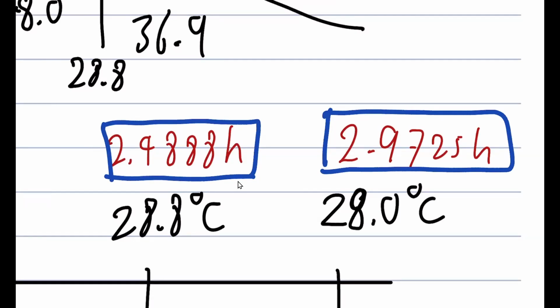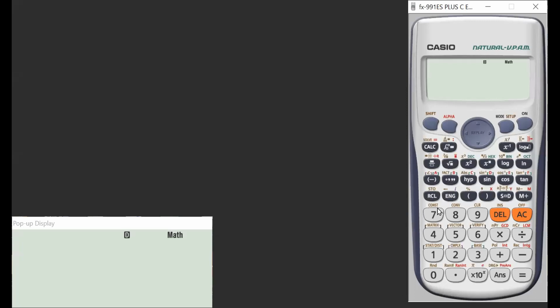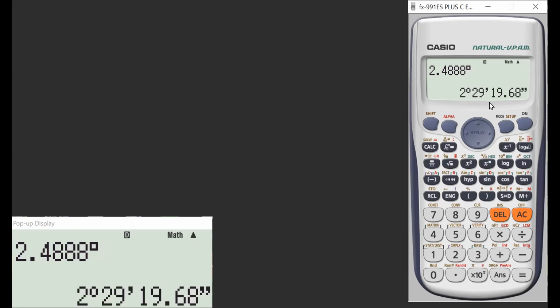Okay, so press on, then go to 2.4888. Then you just press this button. This button is calculating in base 60. So how many hours, how many minutes? If you press it one time, it means 2.488 hours. You press enter, and it will automatically convert it into hours and minutes for you: 2 hours, 29 minutes, 19.68 seconds.